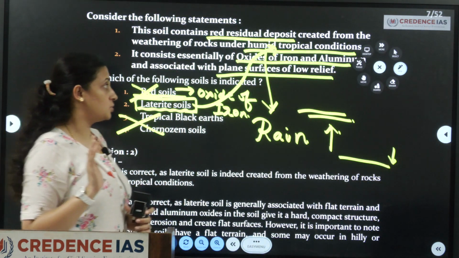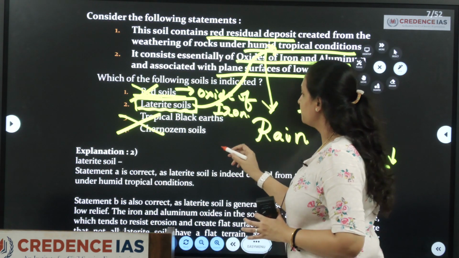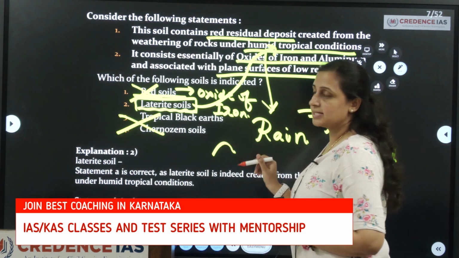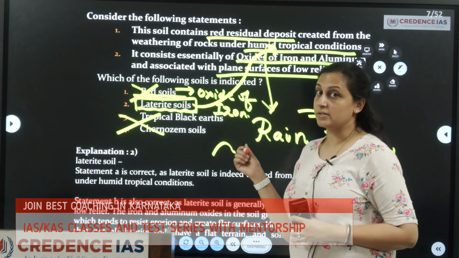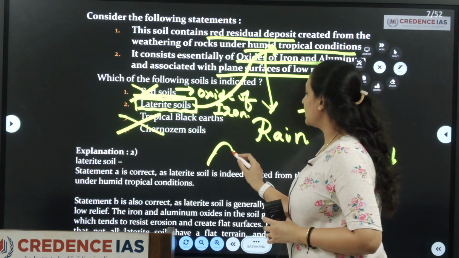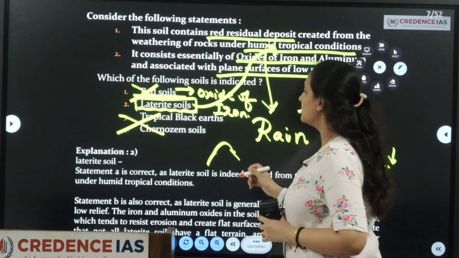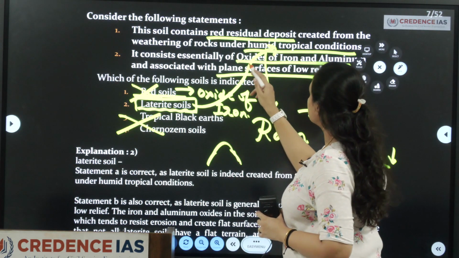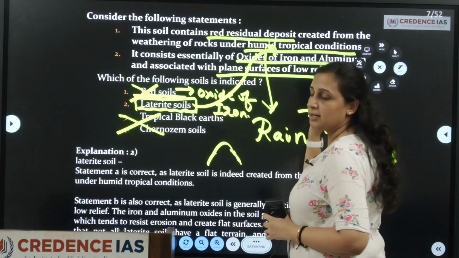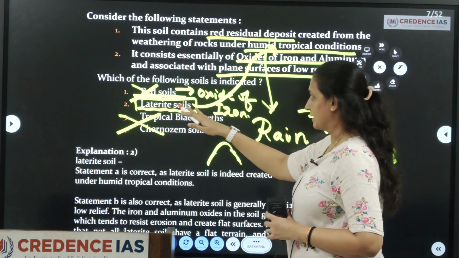But we should also know that laterite soils will also be present in hilly areas. For example, we can find laterite soils in the coastal areas of the Western Ghats. Even in high relief areas we find laterite soils. But here, as they have given oxides of iron and aluminium, rather than going for red soils, it is better to go for laterite soils.